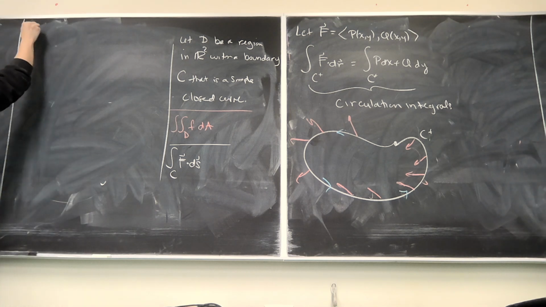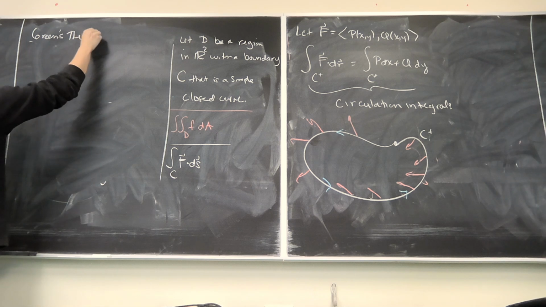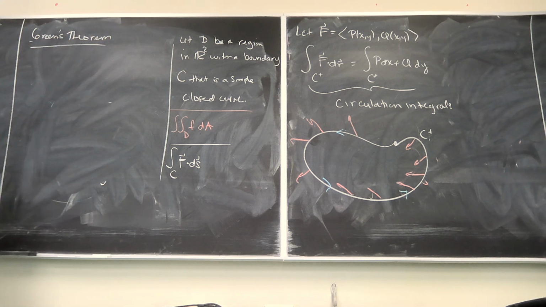So this is actually one statement of Green's theorem. I think this is the less intuitive version of the theorem, but I'm going to state it the way it was originally done.